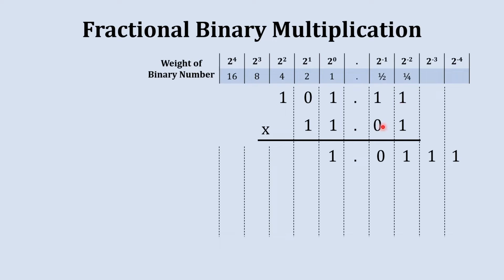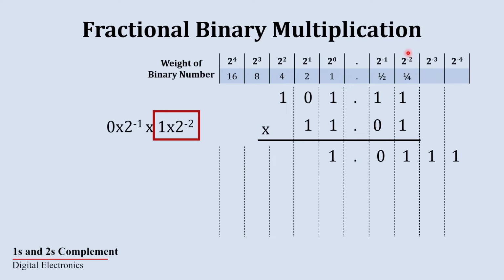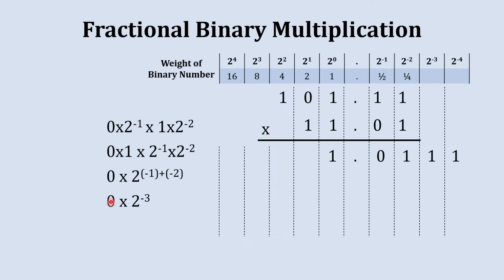When you multiply the 0 which has a weight of 2 raised to minus 1 with this one which has a weight of 2 raised to minus 2, their multiplication is 0 and the multiplication of their weight will be 2 raised to minus 3. So the multiplication of these two digits is 0 and the place value of this 0 is 2 raised to minus 3. So we're supposed to place that 0 over here in 2 raised to minus 3's place.